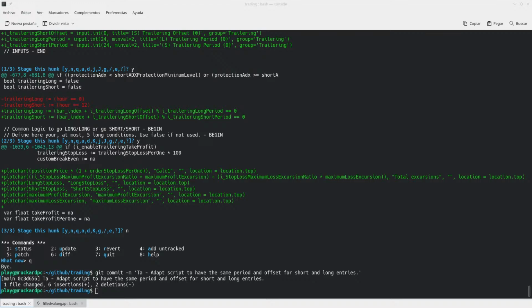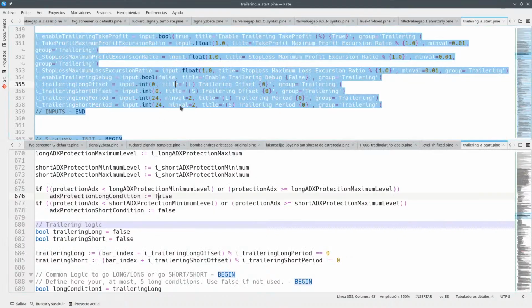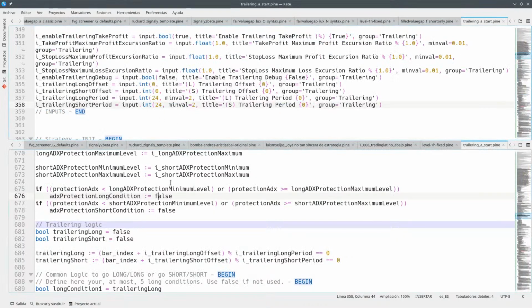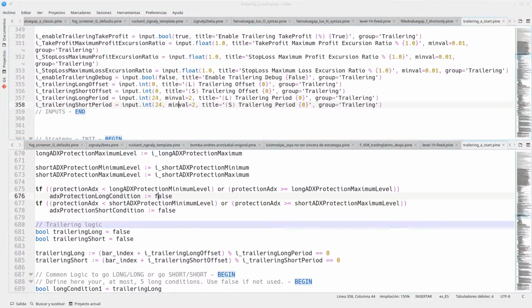So yeah, this is quite nice. We need to test a bit of this new way of doing stuff, which is what we are looking at.